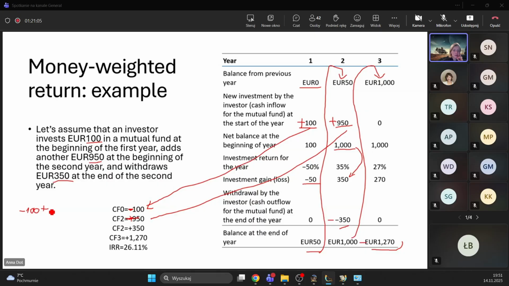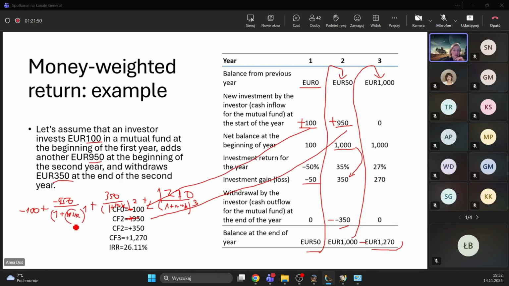Then plus minus 950 over 1 plus, this is IRR, but I will call it money-weighted return, because money-weighted return is actually internal rate of return, to the power of 1, plus 350 over 1 plus, again, money-weighted return to the power of 2, plus 1,270, this is the last cash flow, over 1 plus money-weighted return to the power of 3.